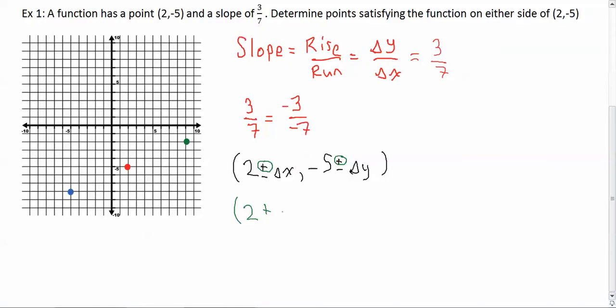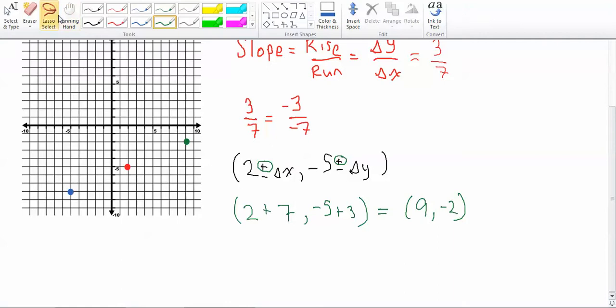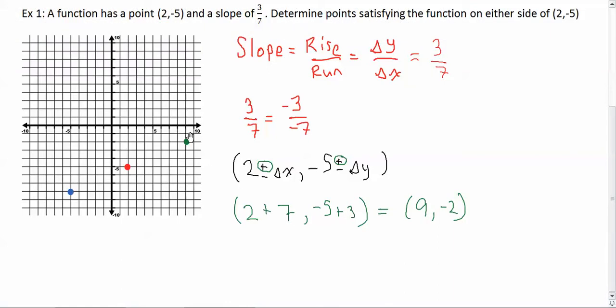So I get 2 plus 7, and then I get negative 5 plus 3. And this gives me the point 9, comma, negative 2. And if we map out 9, negative 2, notice that I get exactly my green point there. So we know we're correct.